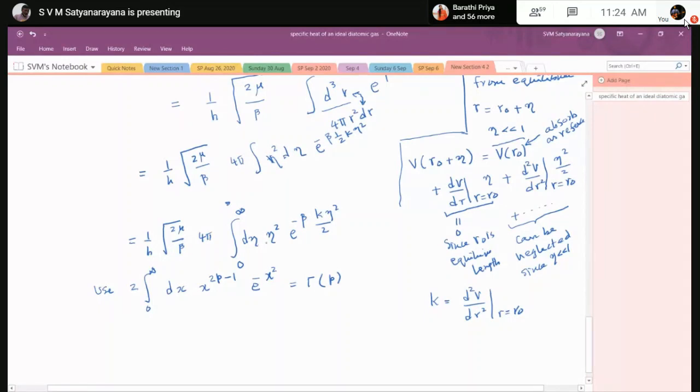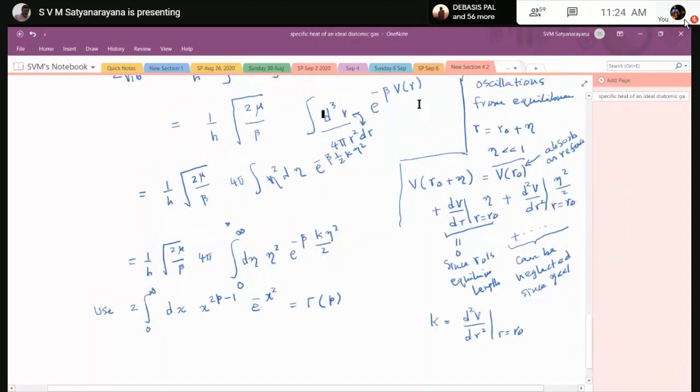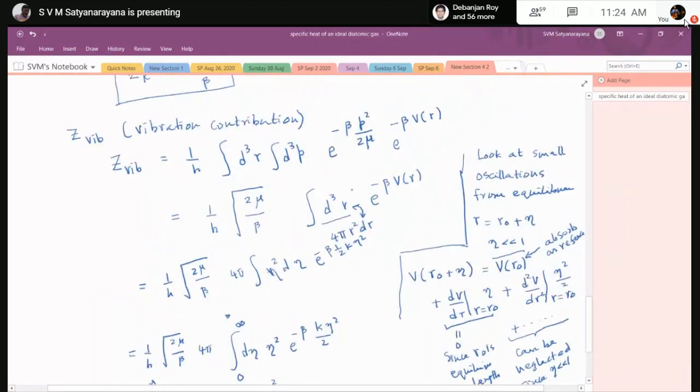Oh sorry, I think I made a mistake. Let me correct it. As you see here, this is not d3r. This is only V of r. So I think we should not write this as 4 pi r squared here, because this is just a radial coordinate now, since the angular part is already integrated.